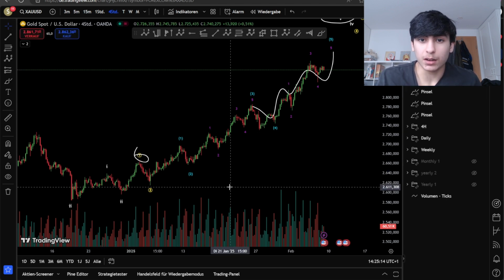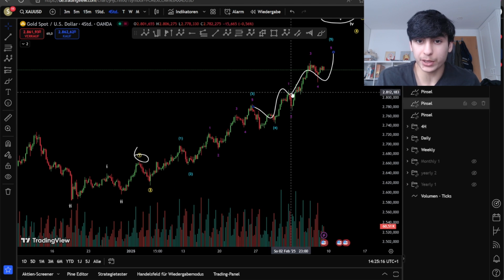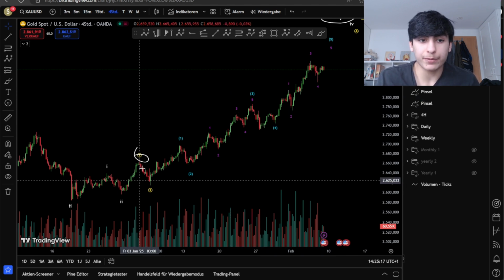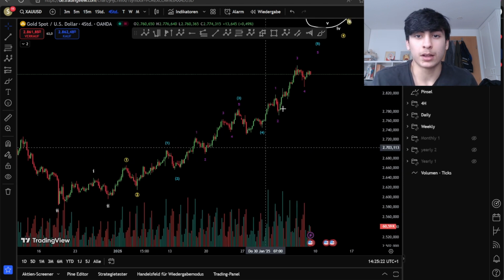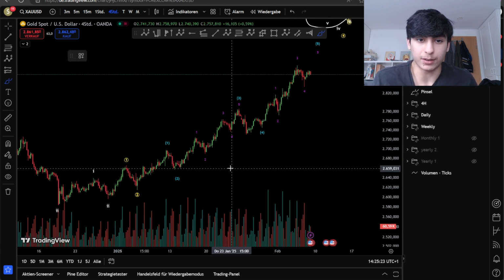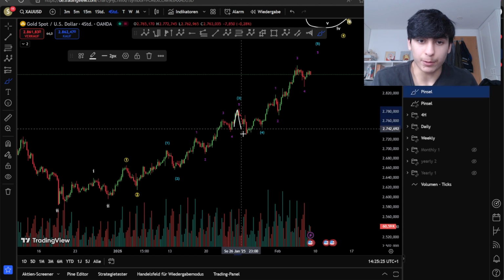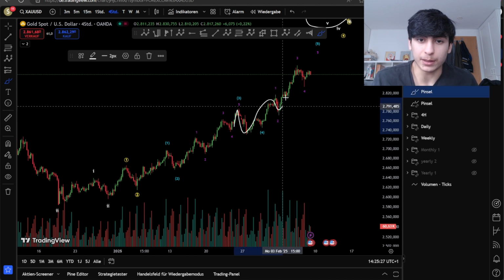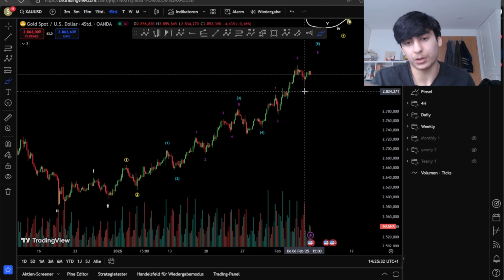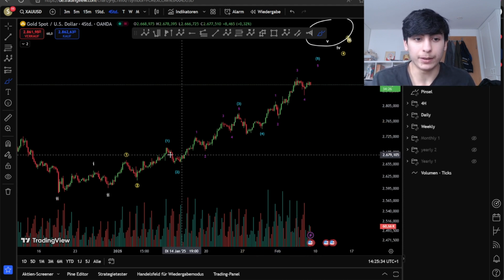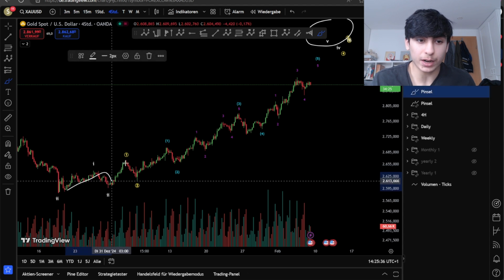We are simply looking to continue this chop to the upside, where we have a new all-time high, retracement, new all-time high, retracement, like you see it here. All-time high, retracement, over and over. And we are simply going to do that continuously until we finish all of these structures.